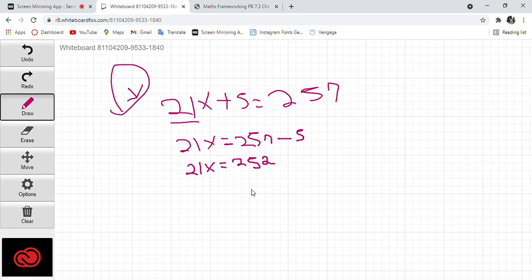So this is the answer. That's it. But of course we need to bring it down again. So x equals 252 over 21. So then the final answer will be, oops, sorry, what happened? And the final answer will be x equals 12.